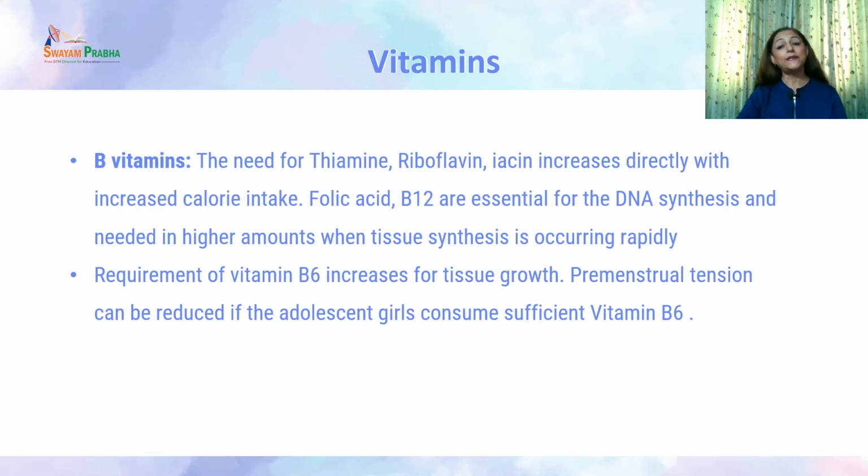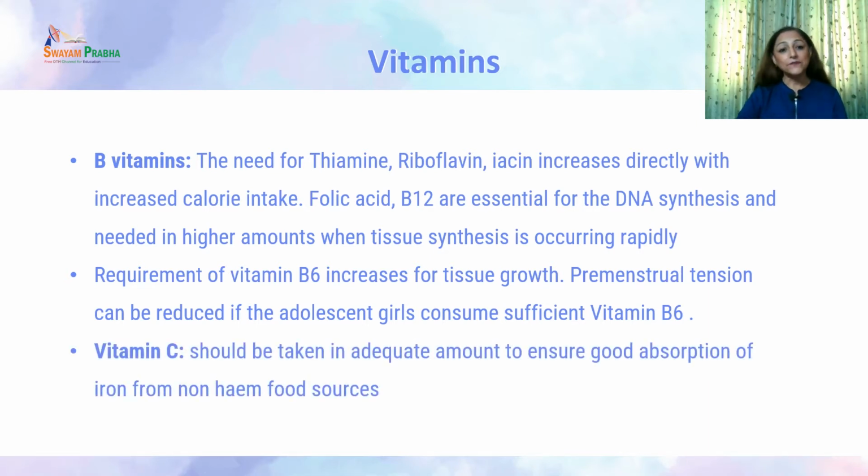So requirement of vitamin B6 increases because this vitamin is associated with the protein metabolism. And along with that, premenstrual tension can be reduced if the adolescent girls consume vitamin B6, say around 100 milligrams daily.